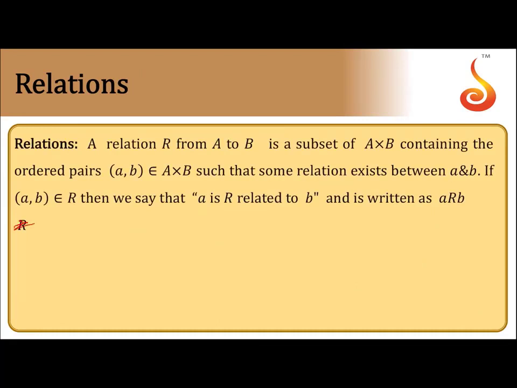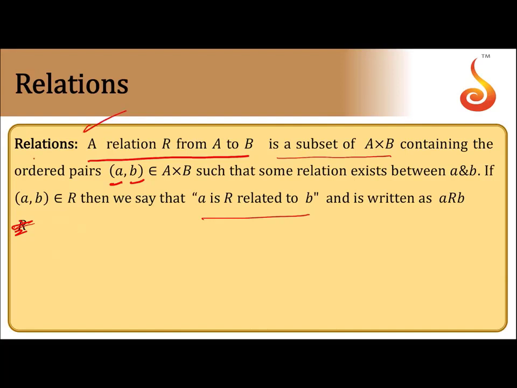Coming to relation. What is meant by a relation? A relation R from A to B is a subset of A cross B, wherein a is in relation with b, a related to b. That is called a relation.